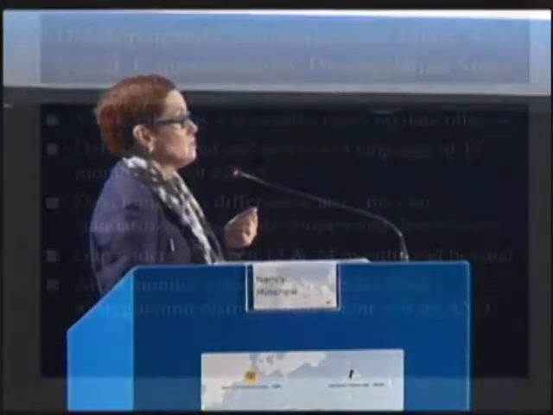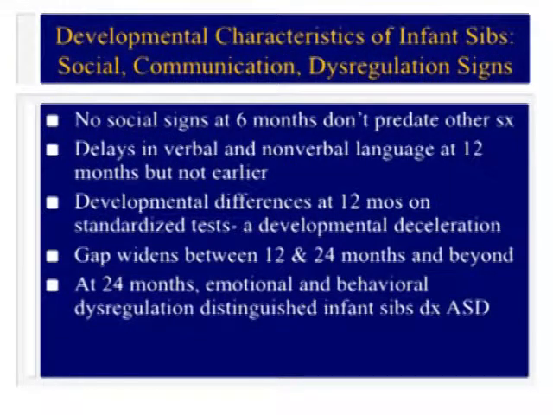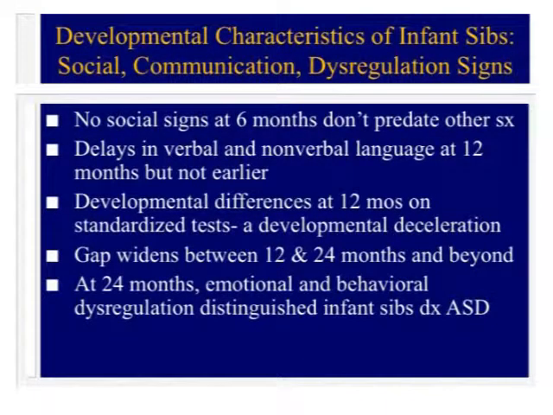So that's what a lot of the children first presented with, was looking at ceiling fans or lights or things like that, things that other children were not. Now, by 12 months, there was delays on standardized testing. But the next thing that happened was between 12 and 24 months, all the other symptoms emerged.